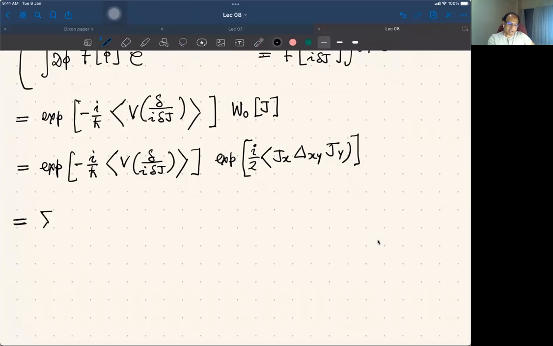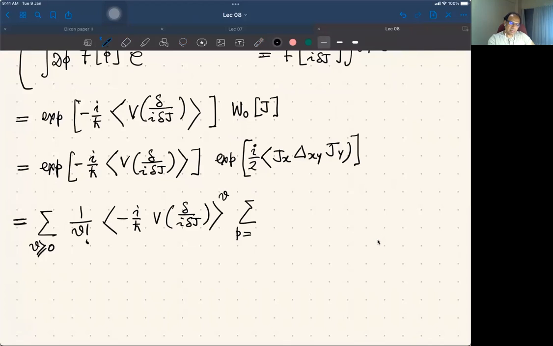So expand the exponential: you get sum over v greater than or equal to 0, 1 over factorial v, of minus i over ħ V of δ over i δj to the power v, acting on sum over p greater than or equal to 0, 1 over factorial p, of half i j_x δ_xy i j_y to the power p.